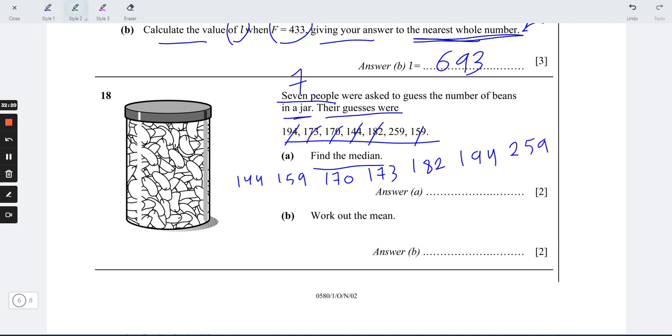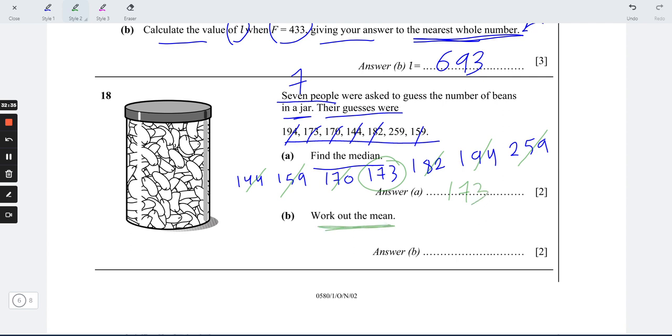Now to find the median, cancel the smallest with the biggest, the next smallest with the next biggest, and so on. So here we have the middle number, which is 173, and we write it in the space provided.